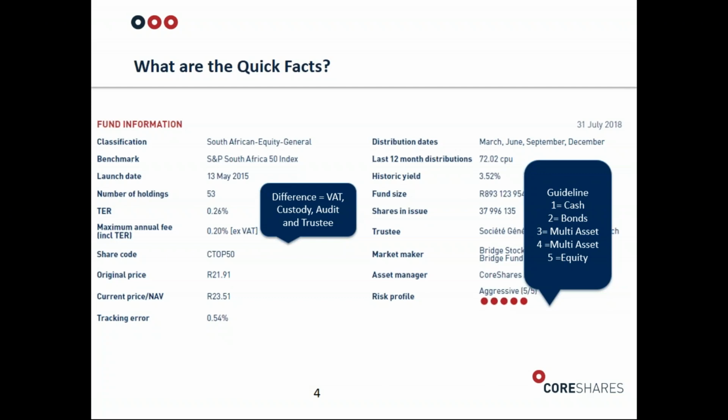You can buy them on the exchange, you can trade them intraday, and that's typically why there's been the shift towards ETFs. A lot of clients who are already investing have stockbroking portfolios in the market. So rather than them opening a CoreShares account in the unit trust vehicle, so as an example, we have a unit trust that tracks this exact index. It's got about 500 million Rand invested, and usually that's more the typical advisor market who buys that.